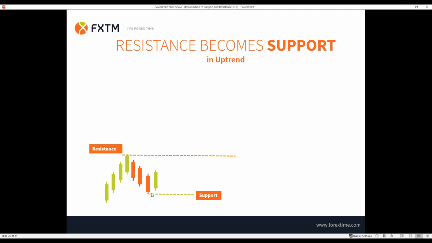Beginners usually confuse very easily the concept of support and resistance. The rule that you have to apply so you can differentiate between support and resistance is the following.